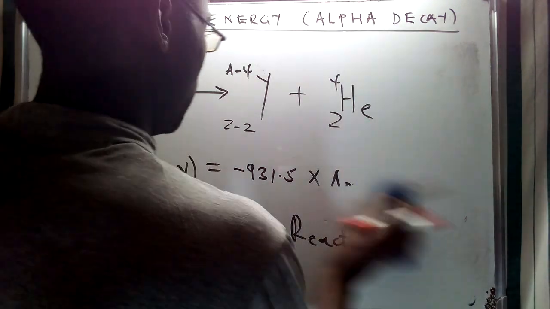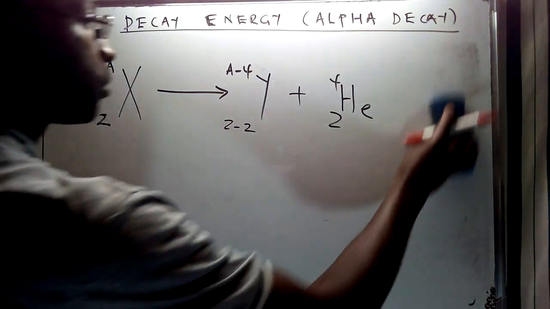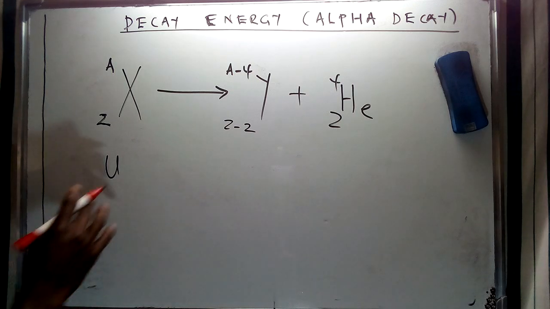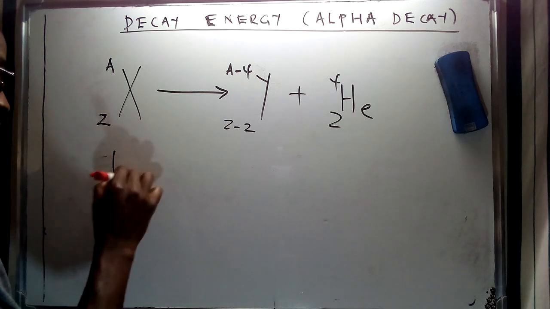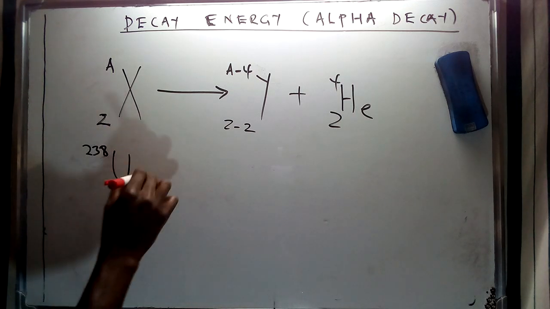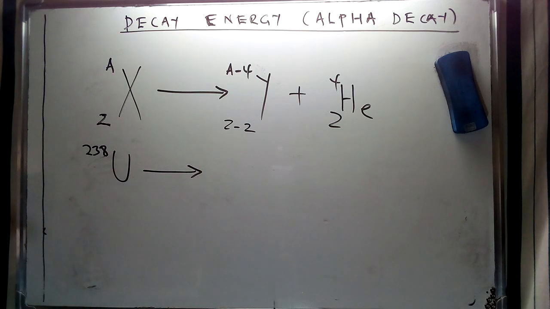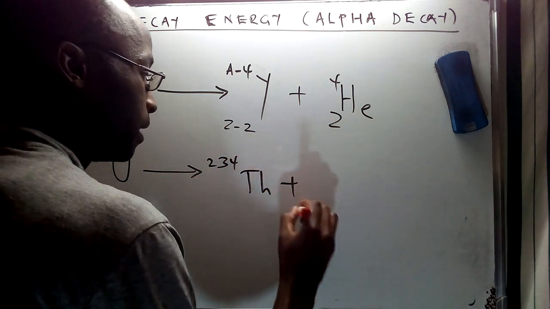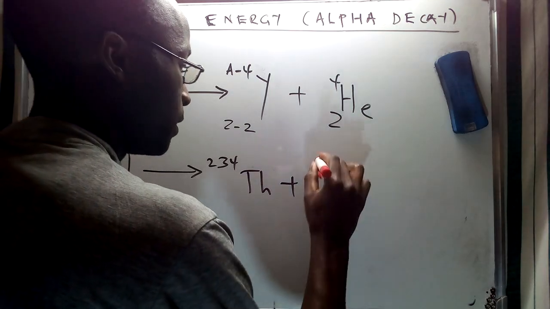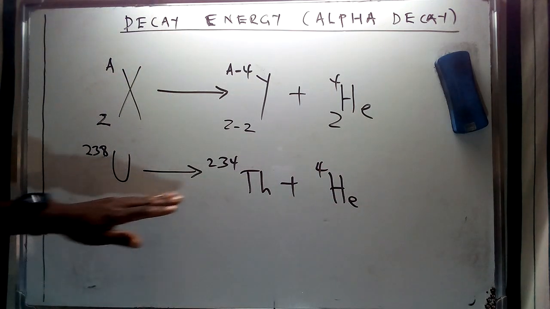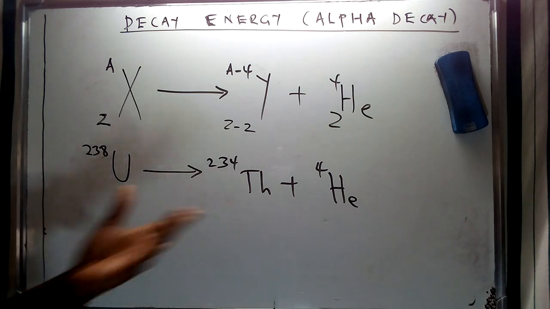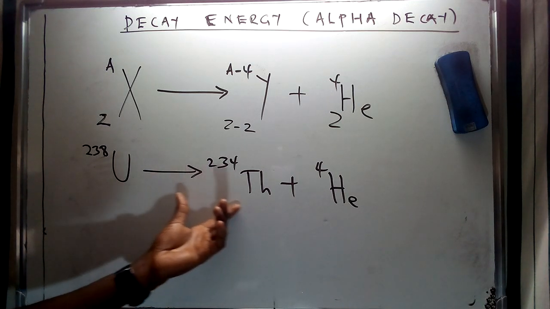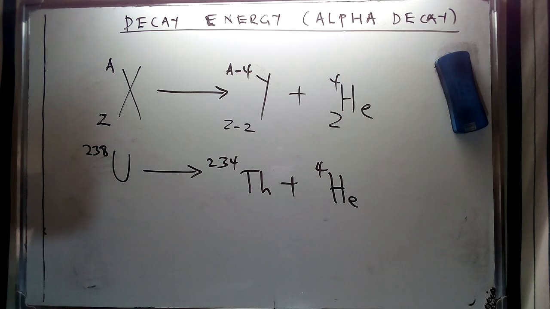If we look at a specific example, we can look at the isotope uranium-238, with a capital letter. So we have uranium-238 undergoing alpha decay and leading to the formation of thorium-234 plus helium. I'm just after the mass numbers because, as we said, this is an aspect that relies heavily on mass. So we're going to be after the mass numbers.